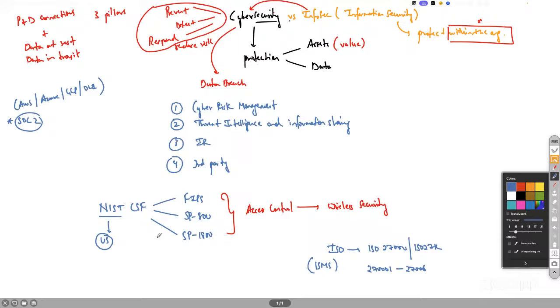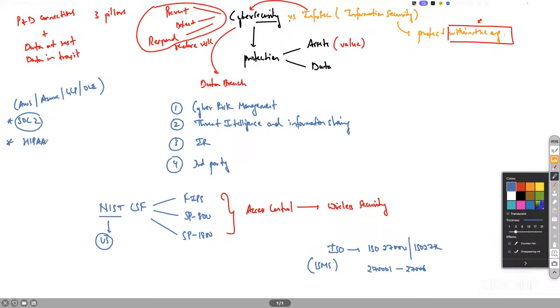Then we have another very famous framework or compliance for hospital environments, HIPAA. Health Insurance Portability and Accountability Act. This is a cybersecurity framework that is required to be implemented within healthcare organizations, hospitals, clinics.